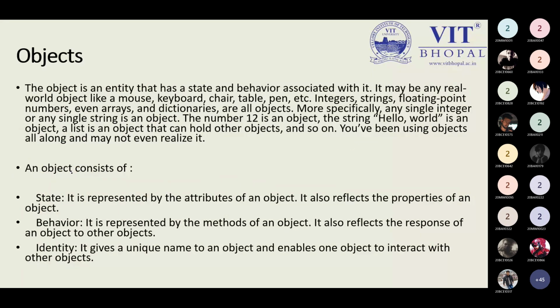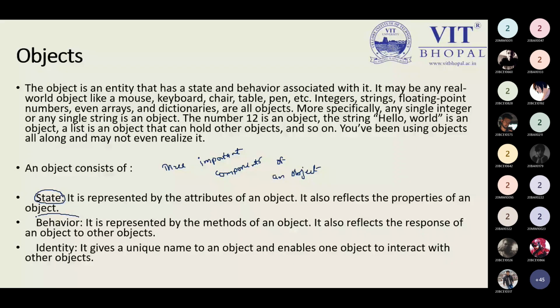As I've already explained, these are the three important components of an object. Please keep this point in mind. First one is state, next one is behavior.